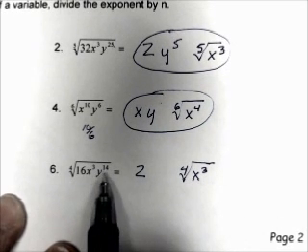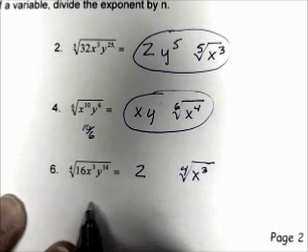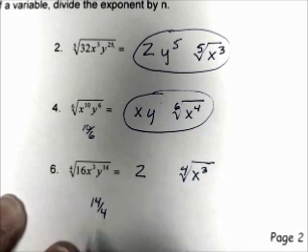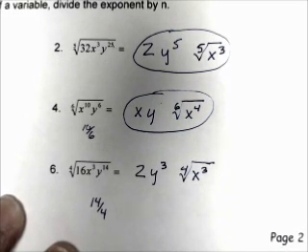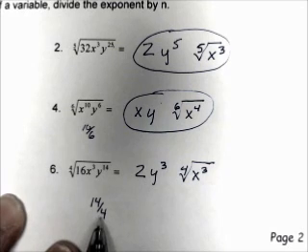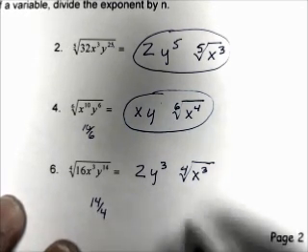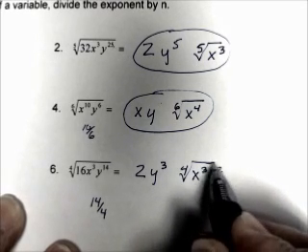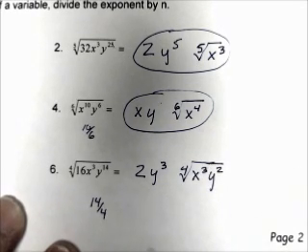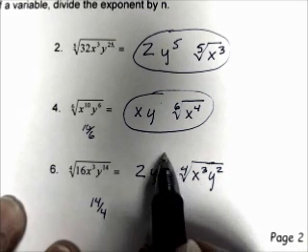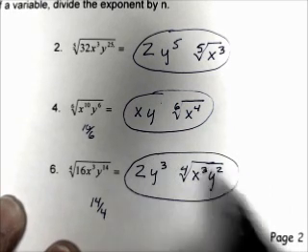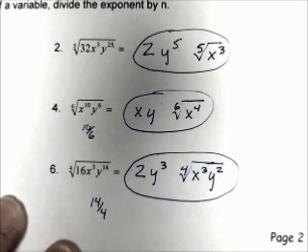And y to the 14th, 14 divided by 4. 4 goes into 14 3 times, so y to the 3rd power comes out with a remainder of 4 times 3 is 12, subtracted from 14 is 2. So y squared remains underneath the radical. So our result here is 2y to the 3rd, fourth root of x to the 3rd, y squared. And this completes our notes for today.